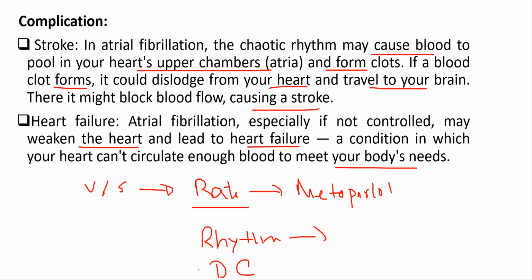So that's the step-by-step management for a stable atrial fibrillation. If it is an unstable atrial fibrillation, then we directly go for DC cardioversion. Atrial fibrillation management is not over until you make sure that you have done something to prevent the complications, which is basically by measuring their CHA2DS2-VASc score.